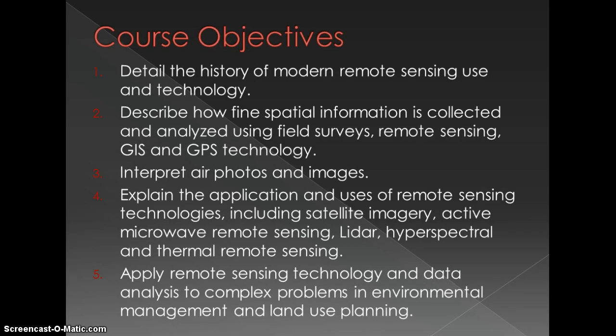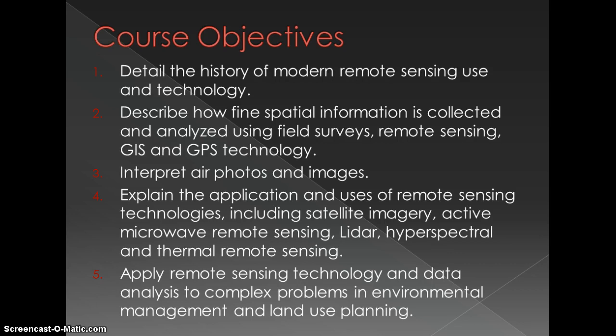Six course objectives have been identified for EVSP 322 Remote Sensing and GIS. After successfully completing this course, you will be able to detail the history of modern remote sensing use and technology. Describe how fine spatial information is collected and analyzed using field surveys, remote sensing, GIS, and GPS technology.